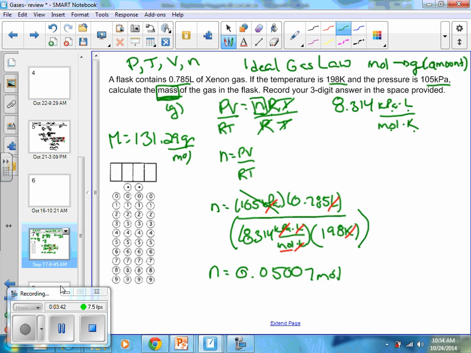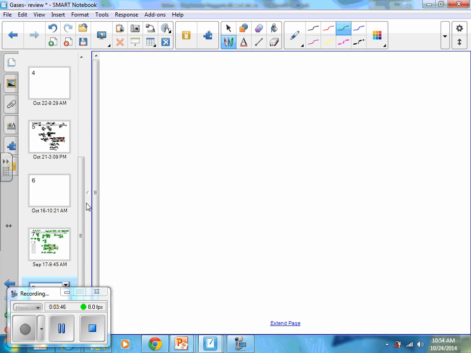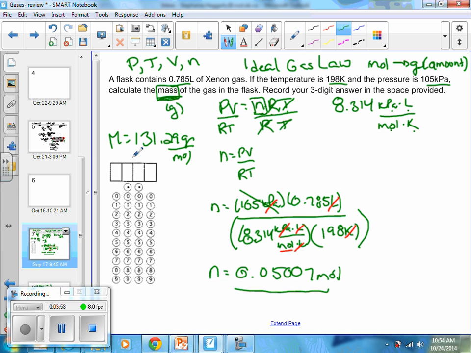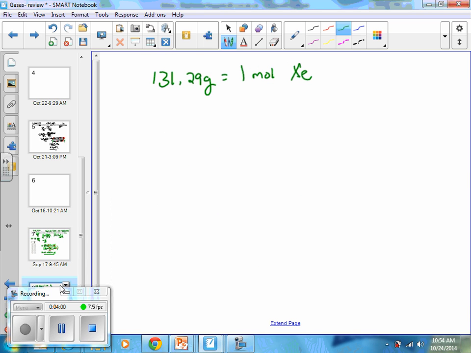So that's my ratio of grams to moles, which is basically the equivalent of saying 131.29 grams is equal to 1 mole of xenon. So I'm going to take my previous answer and convert this to grams. 0.05007 moles.